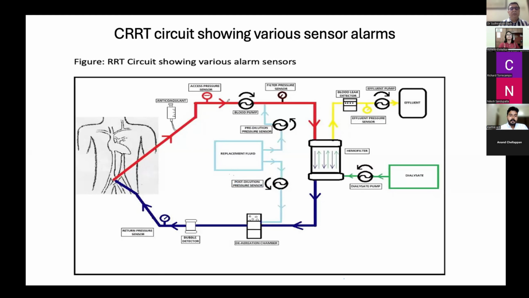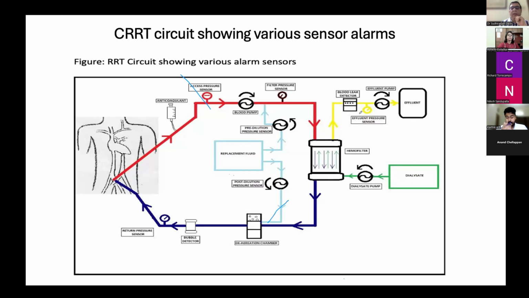So you can see, follow the pen pointer now. This is the blood pump, and before that, what you see is the access pressure sensor. Then subsequently, after the blood pump, there is the filter itself. It is called the filter pressure sensor. Then from here, the effluent will come, and that is an effluent pressure sensor.